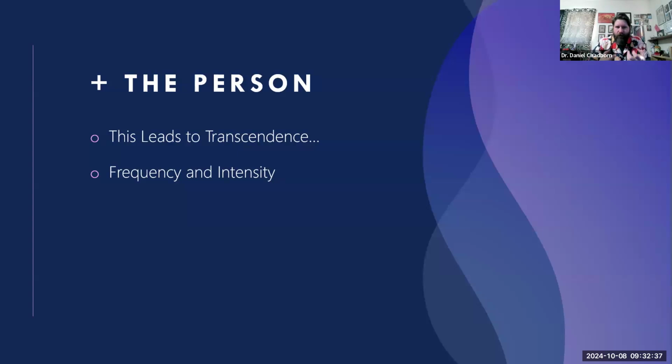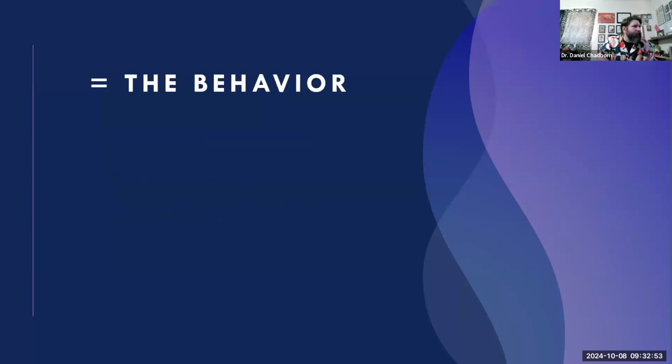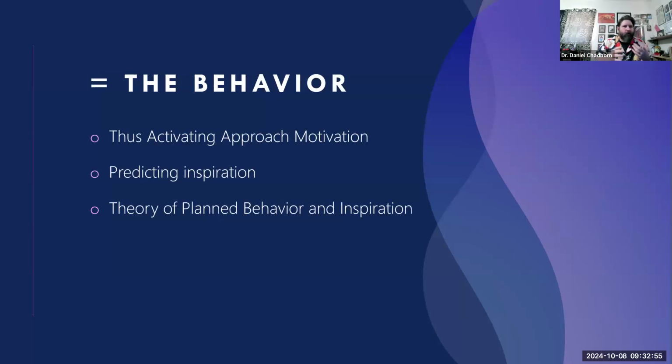And the intensity of that inspiration is going to lead to higher levels of transcendence and more powerful motivation. So keeping that identity salient should lead to more inspiration, and what this should lead to is behavior. It should activate that approach motivation.